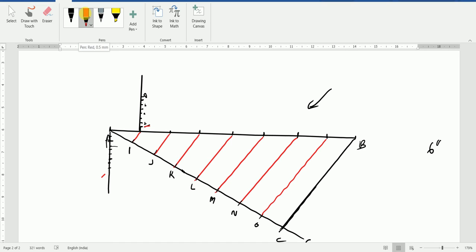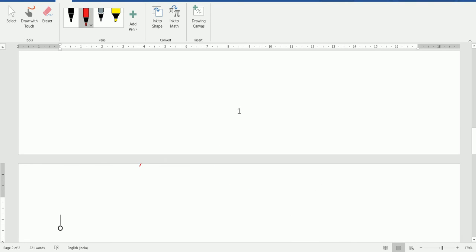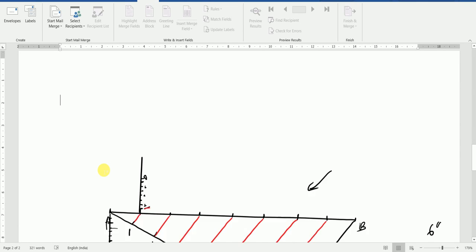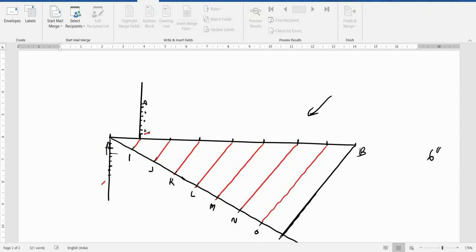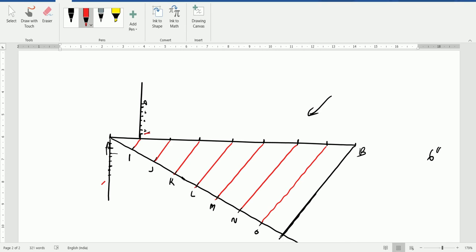So we have to join the first with the last one. Okay, this way.